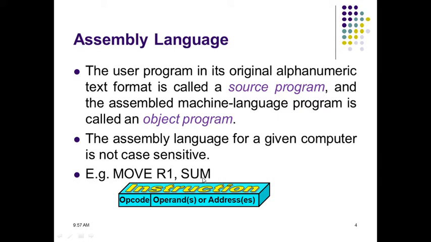So even if you are using a different addressing mode, you have to follow this format to write an assembly language instruction or assembly language program. So this is about the assembly language and its representation.